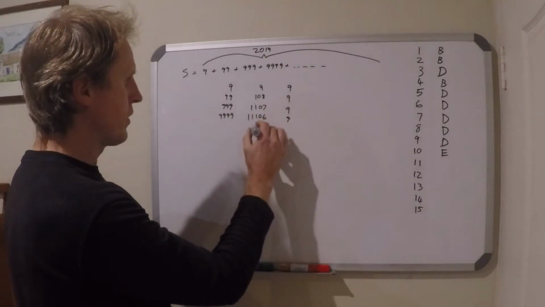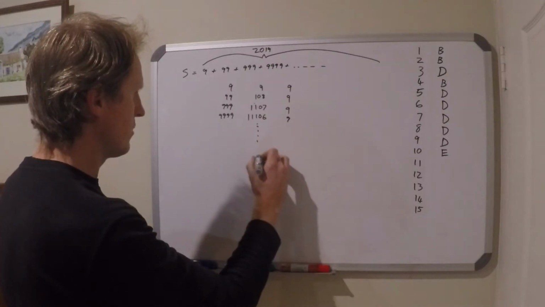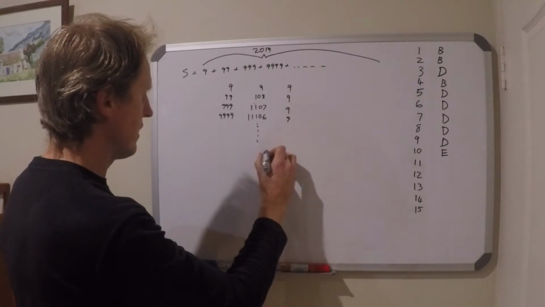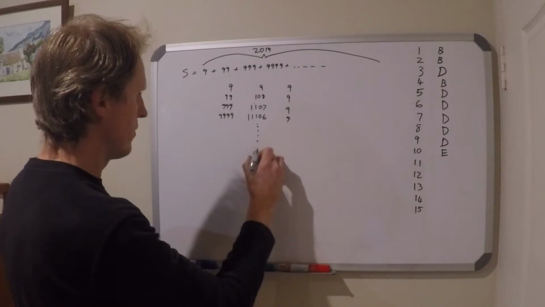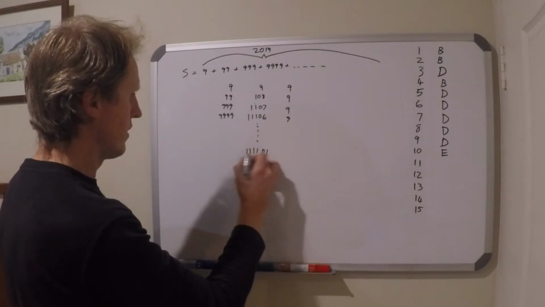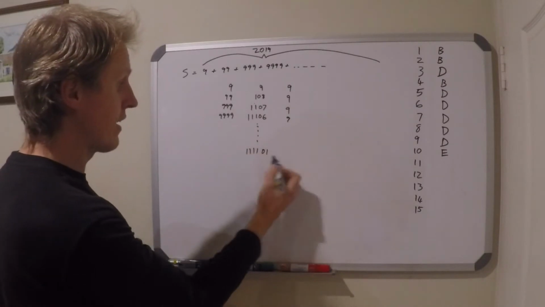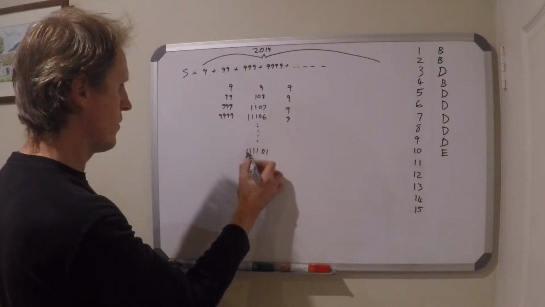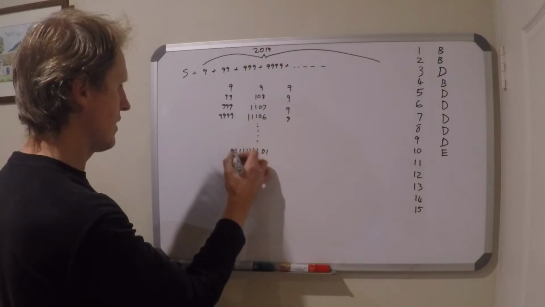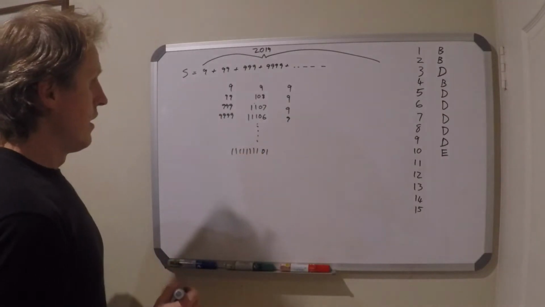We're going to keep going down here until we get 1, 0, 1, 1, 1, 1, and then this is going to add up to 9 again. 1, 1, 2, 3, 4, 5, 7, 8, 9.